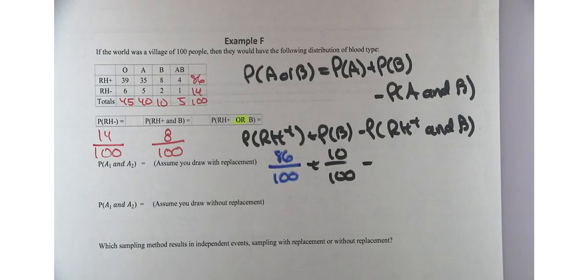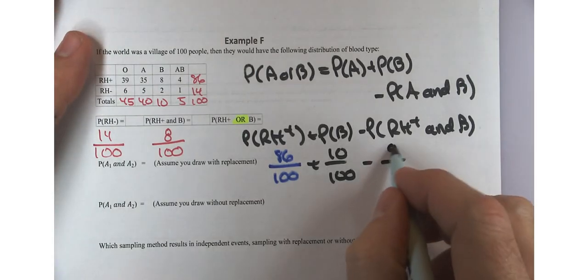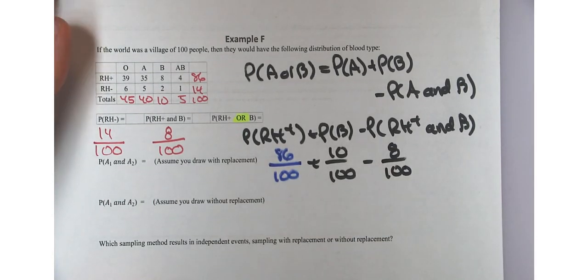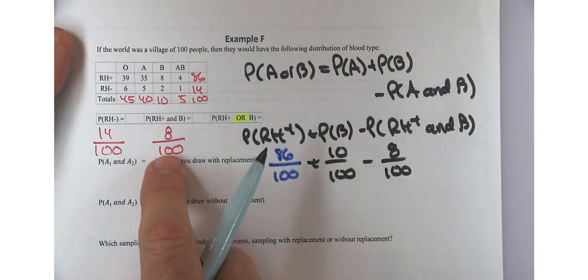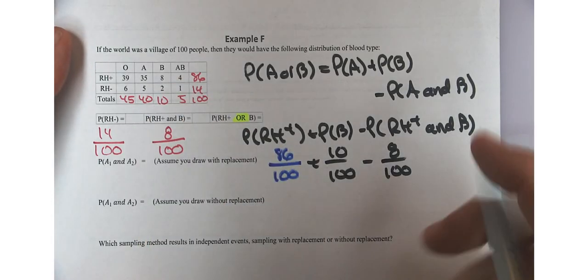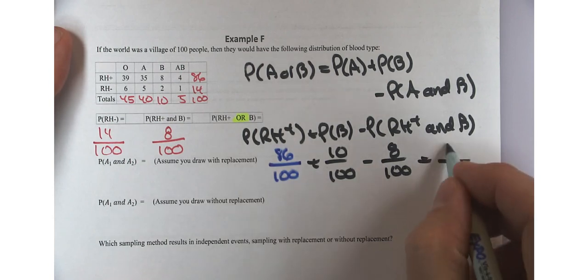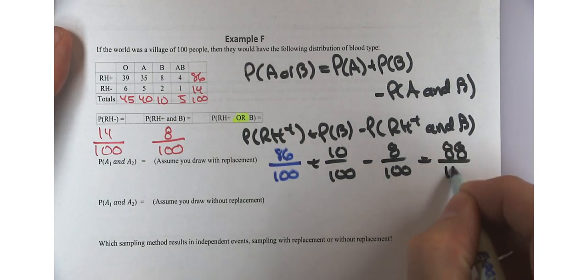Minus the probability of their intersection. 8 over 100. Should be 8 over 100. So overall, what's our probability? Thank you. 88 over 100.